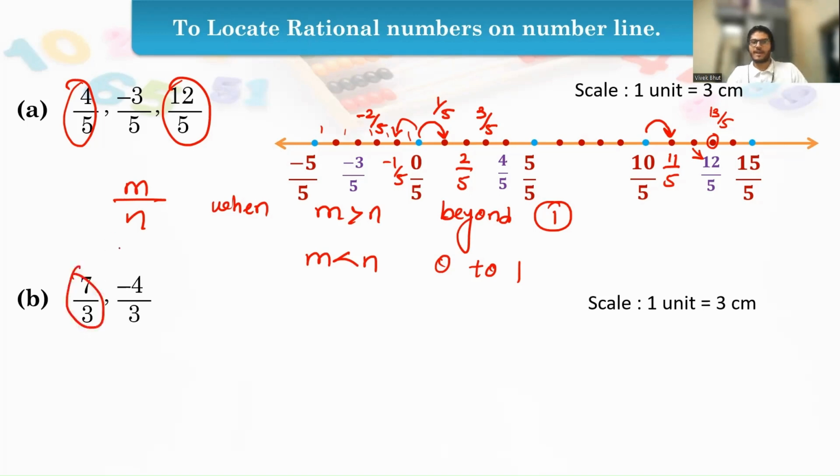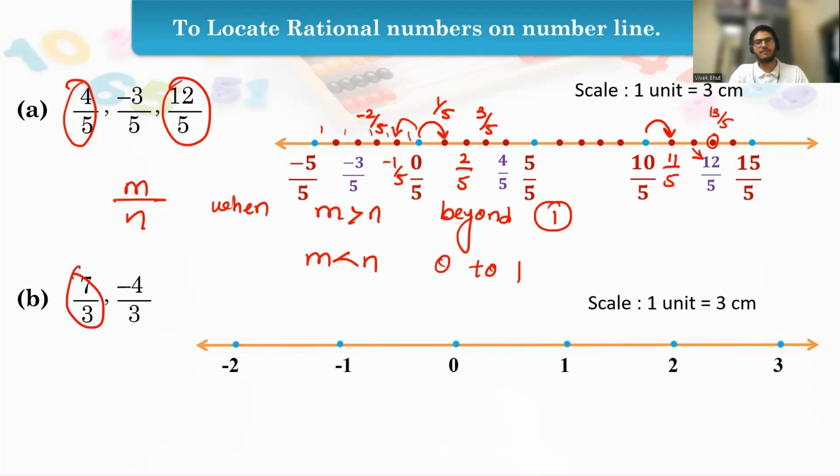अब जरा first number देखते हैं. अब आपको इतना guess तो आ ही गया, right, कि नंबर बड़ा है या छोटा है. So you can see that 7 by 3 में 7 is greater than 3. So when 7 is greater than 3, that means the number obviously is going to be beyond 1. अब जब beyond 1 मतलब कहाँ पे होगा, 1 to 2 के बीच में होगा या 2 to 3 के बीच में होगा, तो नंबर लाइन के बाद ही समझेगा. So let's make a number line. अब ये नंबर लाइन में again we have plotted a number.